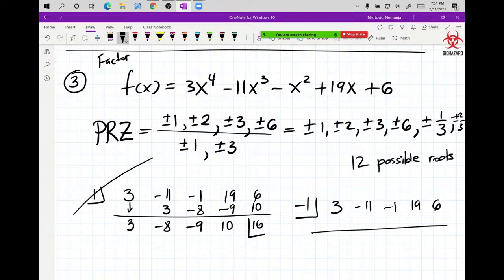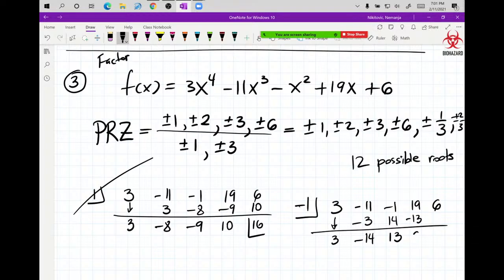Boom. Drop down 3, negative 3, because 3 times negative 1 is negative 3. That gives me negative 14. When I multiply them, I get positive 14. When I add, I get positive 13. When I multiply negative 1 times 13, I get negative 13.